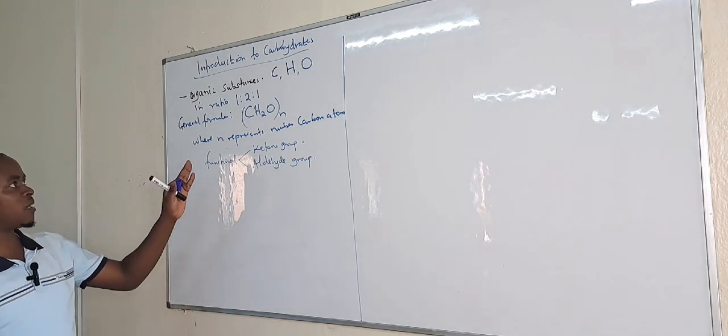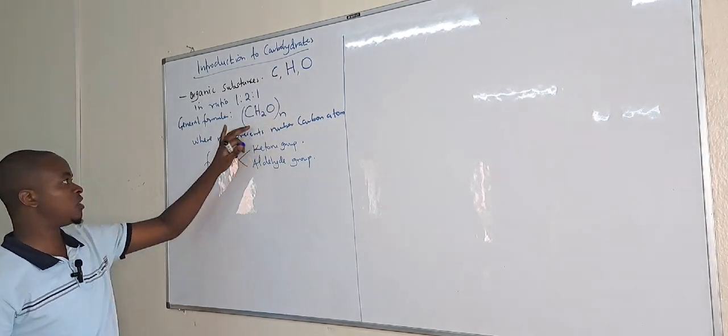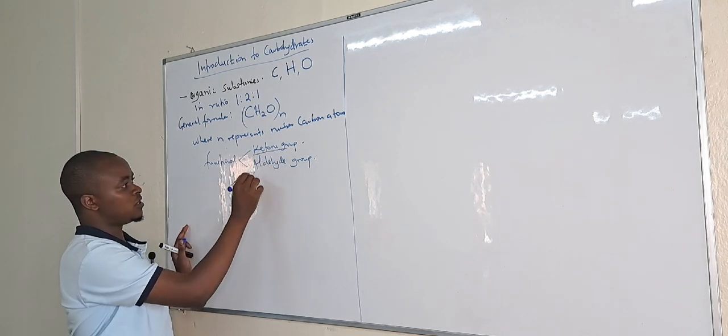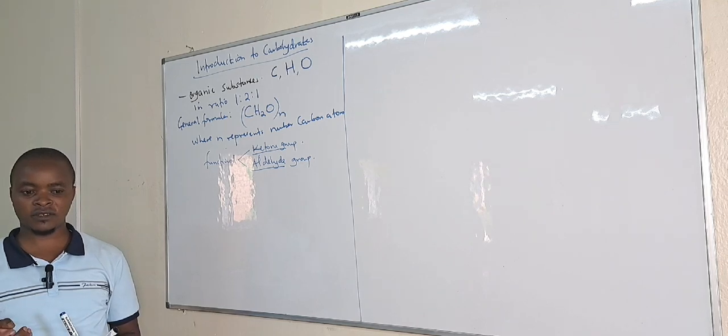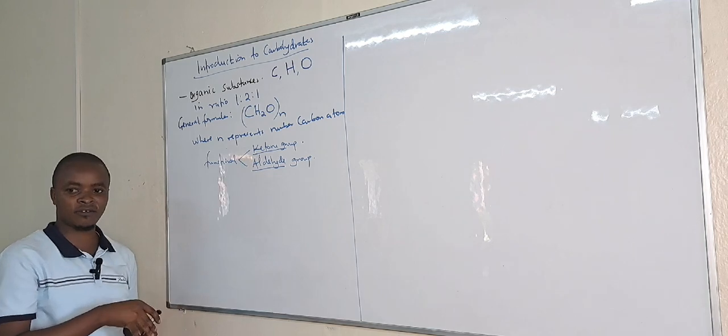So these are organic substances made up of carbon, hydrogen, and oxygen in this ratio, and this is the general formula, and they contain either ketone or aldehyde functional groups.